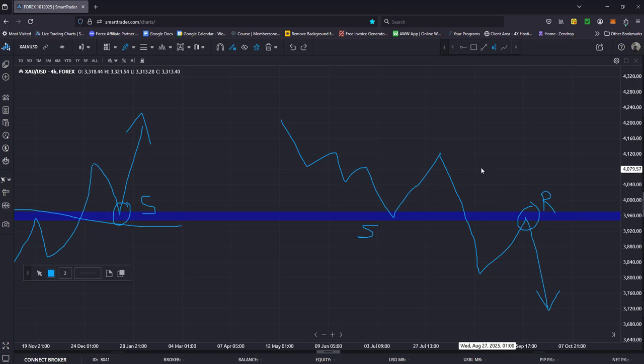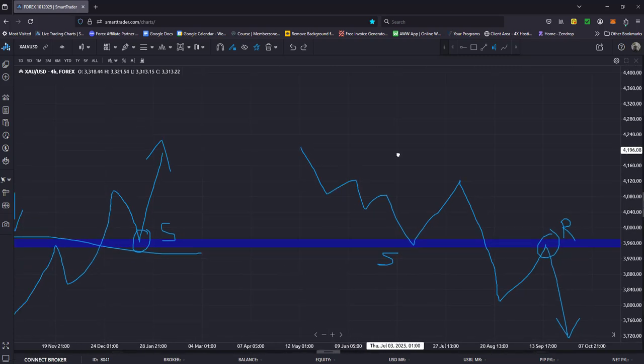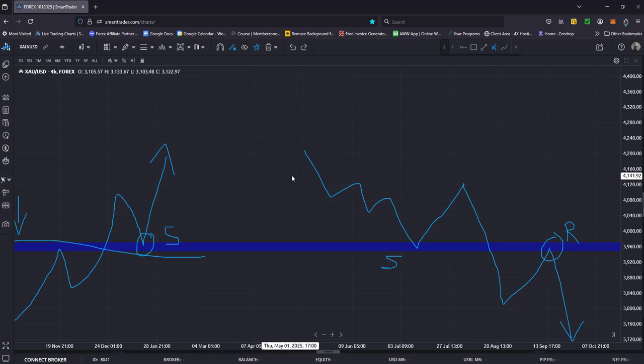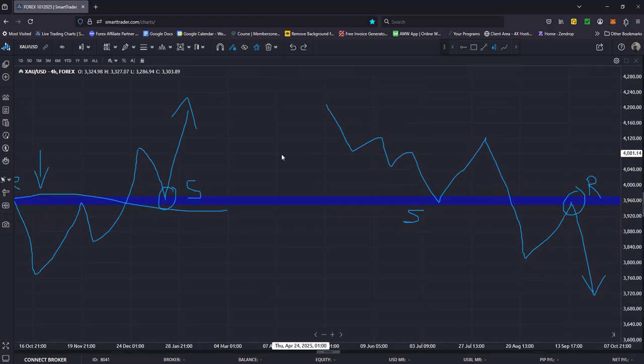And why do we identify these areas? If we were looking at these two areas here, these are areas where we want to buy the market. Think about what we were talking about last week with market structure and how the market moves.